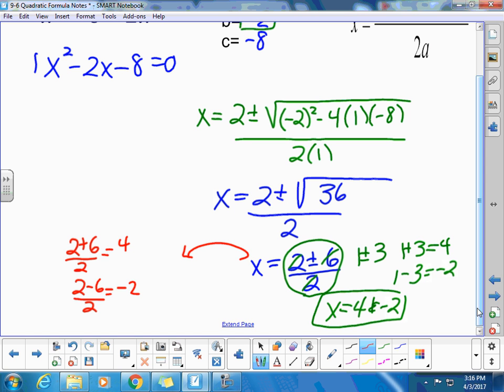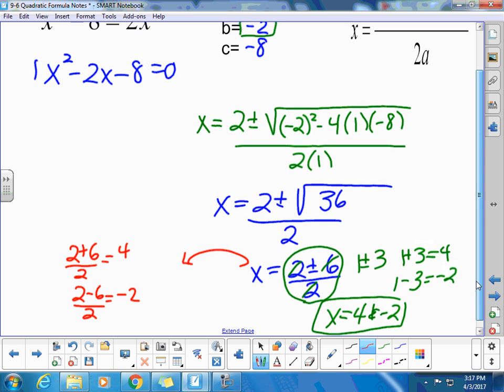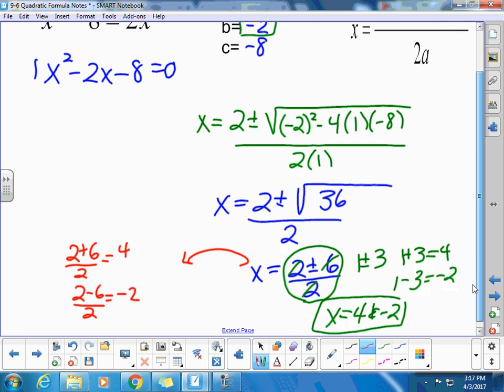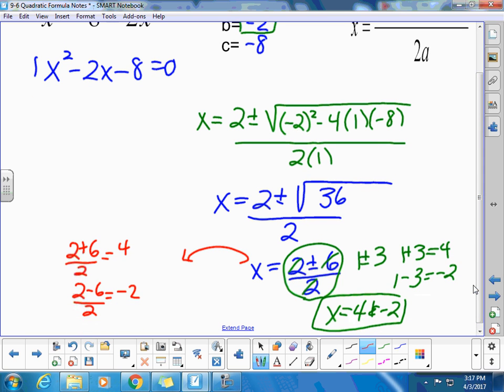So either way, you're going to get the same answer if you simplify ahead of time or not. But the answers for that are 4 and -2. Now, if you look at that, could we have factored this and gotten those answers? Yes. But this also works, and it works every time. All right, so if my smartboard keeps working here.